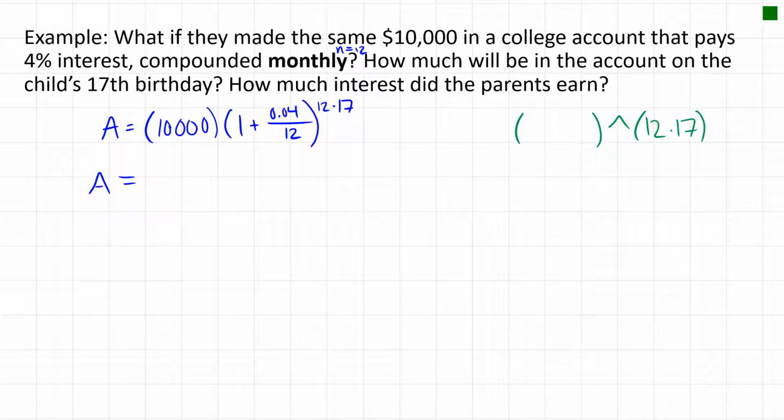Well, if I do this, then that total amount is equal to $19,716.47, which means that the interest would be that minus 10,000, so $9,716.47.